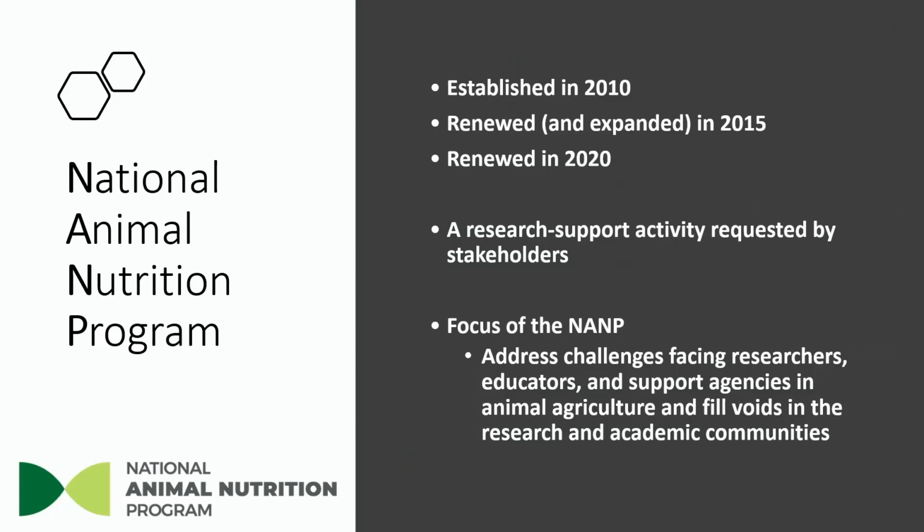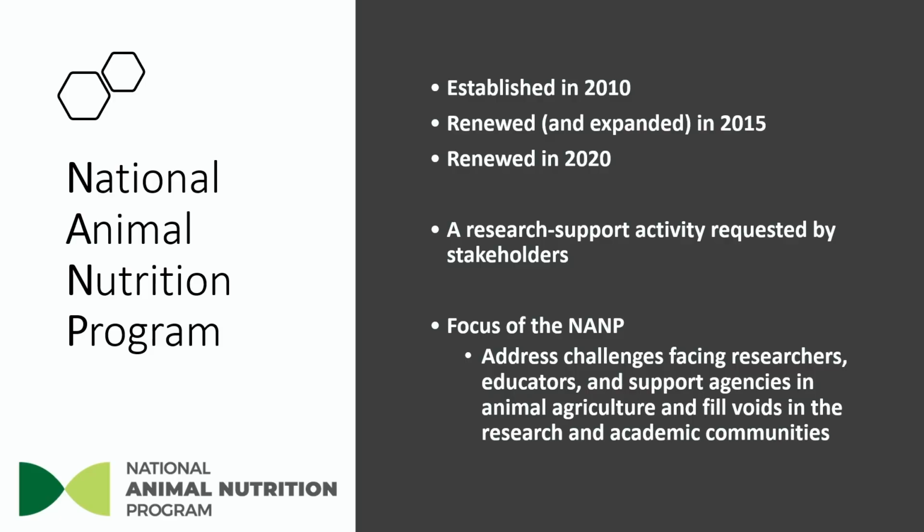So the National Animal Nutrition Program was established back in 2010, and it was renewed in 2015, then renewed again in 2025, and it is being renewed right now for another 5 years or so. The NANP is really a research support activity, and it was requested to be established. It started as a multi-state, and then it moved on to an NRSP, the National Research Support Program.